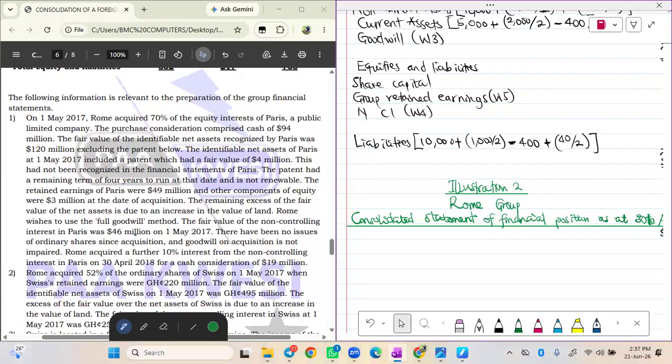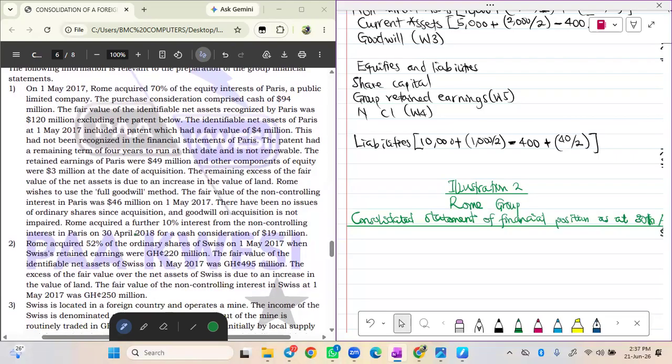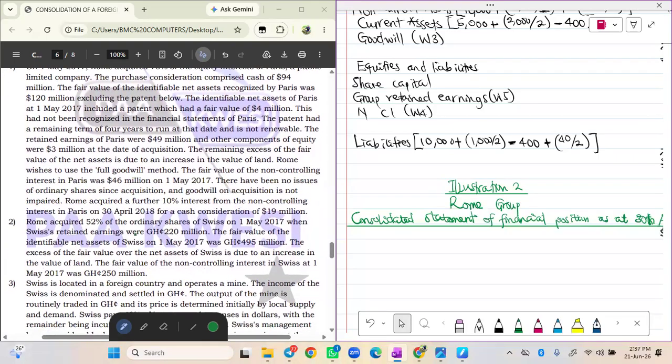The fair value of the non-controlling interest in Paris was $46 million on 1st May 2017. There have been no issues of ordinary shares since acquisition, and goodwill on acquisition is not impaired. Rome acquired a further 10% interest from the non-controlling interest in Paris on 30th April 2018 for a cash consideration of $19 million.